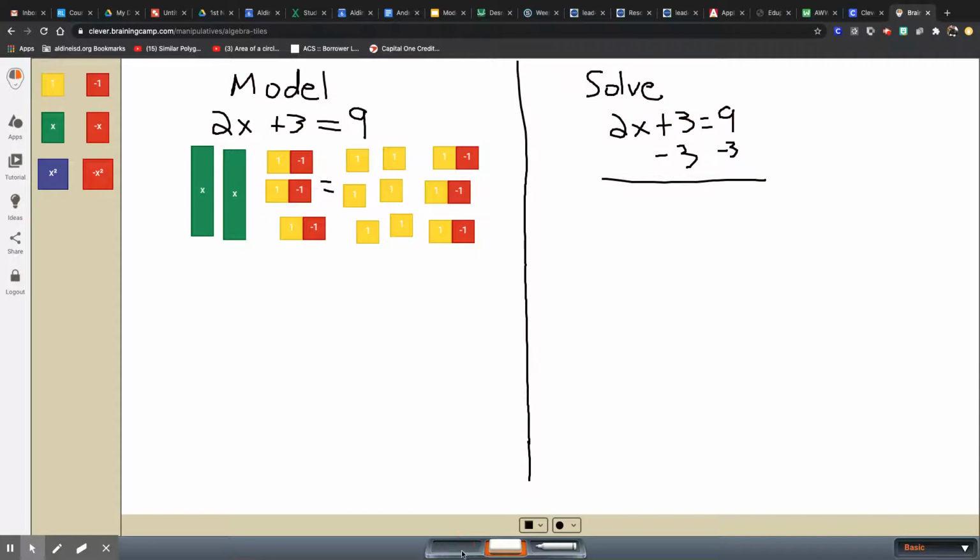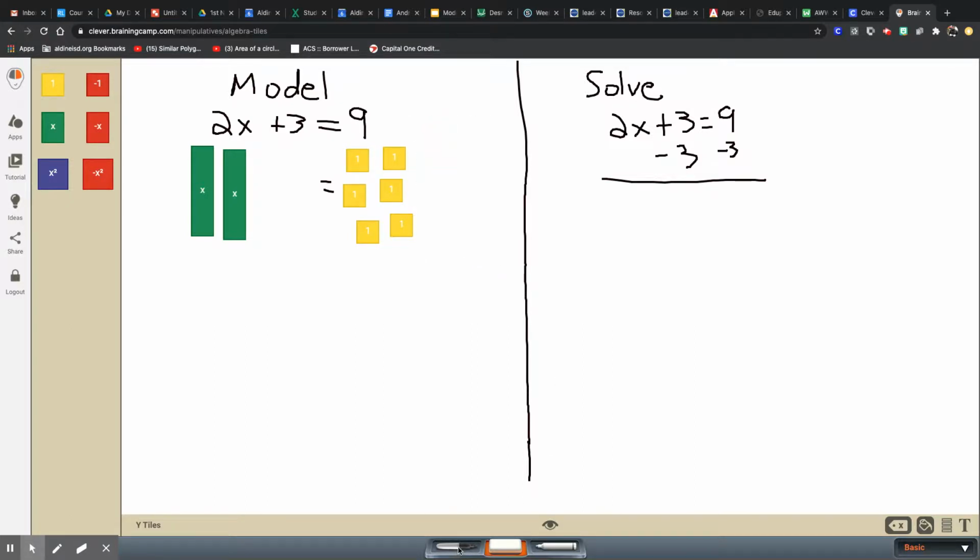Now that I have these zero pairs, I can get rid of them. Remember, if I have a 1 and a negative 1, it equals 0. It cancels out: 1 minus 1 is 0. So anytime I have a red paired up with a yellow, and I create those zero pairs, I can cancel them out.